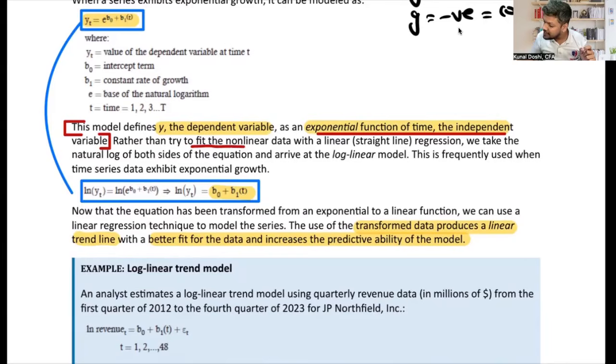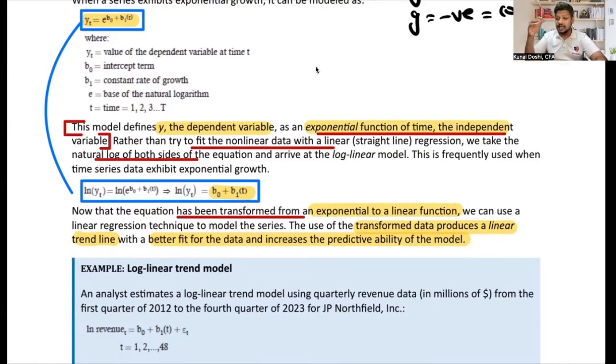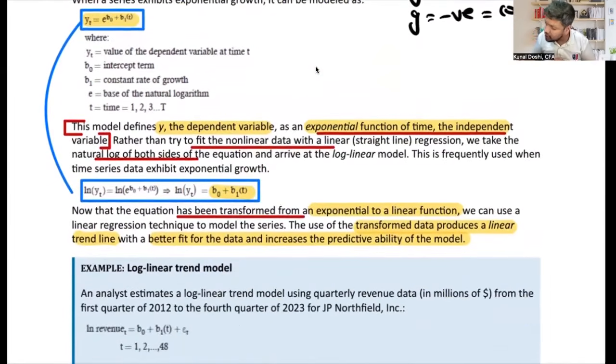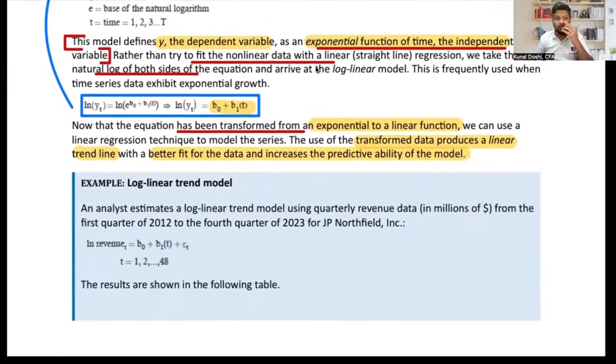Rather than try to fit the non-linear data with a linear regression, we take the natural log of both sides, which we just showed, and now the equation has been transformed from an exponential to a linear function. Remember, the equation originally was in exponential form, right? We transformed that into the linear form.